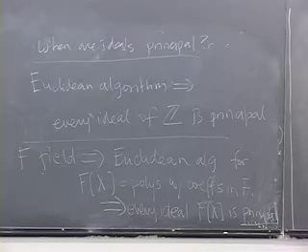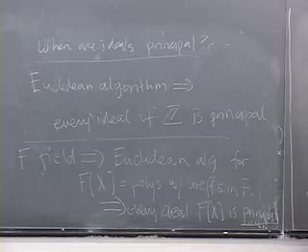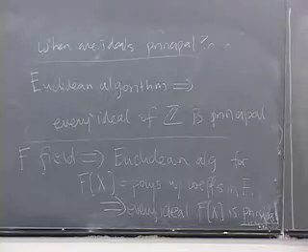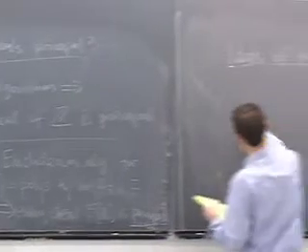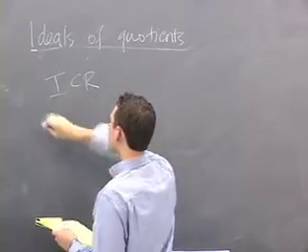Now, we've talked a good deal about quotients in class, and we also saw something important about the relationship between the set of ideals of a quotient ring and the ideals of the original ring. So, ideals of quotients. Suppose I have some ideal I, fix this thing.